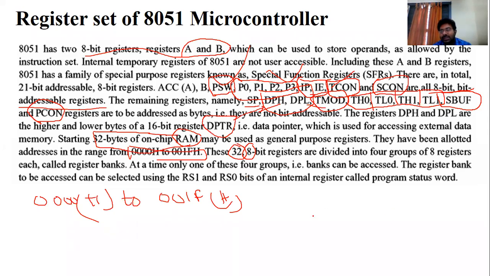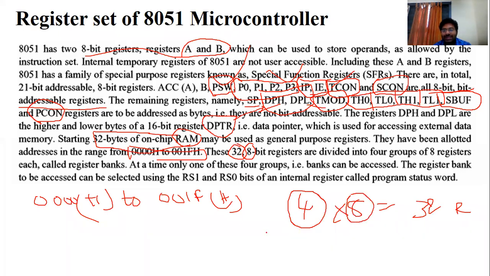So these 32 8-bit registers are grouped into 4 register banks. 4 into 8 is 32 registers, so each bank has 8 registers. Then how do we access these 4 groups?